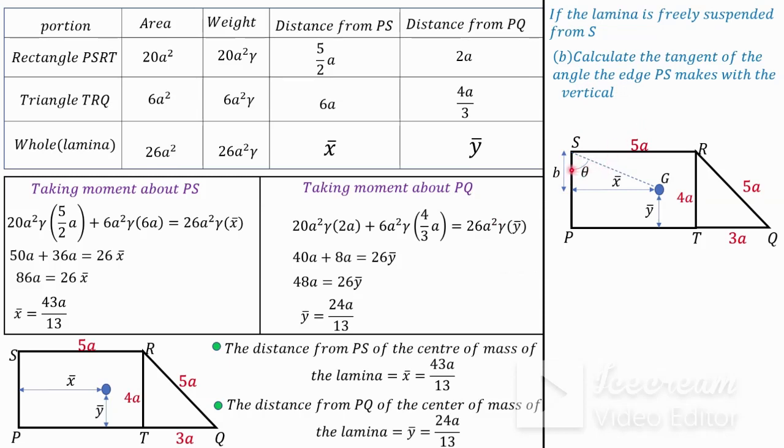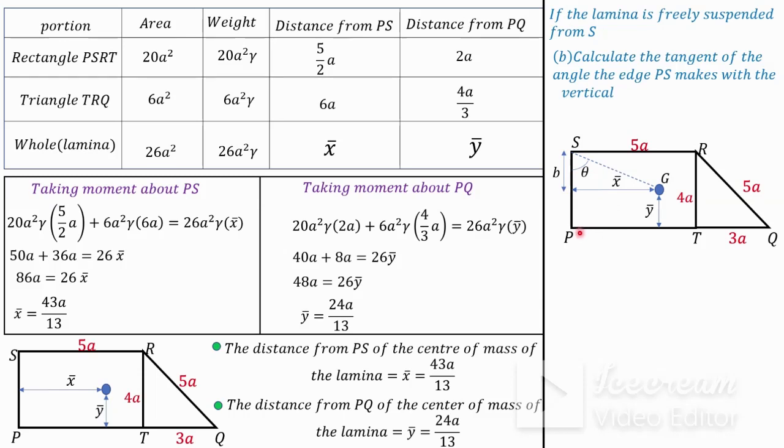You have to take note of that, it is very important. If we were talking about the horizontal, we would not have represented this angle here. But since we are asked about the angle with the vertical, we include this angle theta.